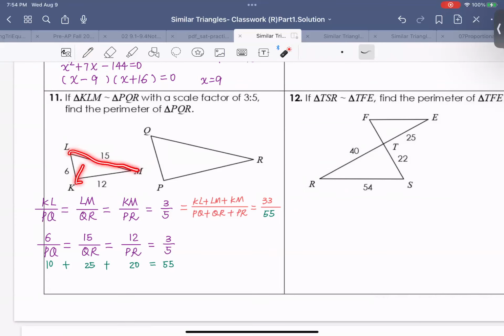So the base times height is going to be this guy over this guy is 3 over 5, and this guy over this guy is 3 over 5. So your area ratio is going to be 3 over 5 in parentheses squared, which is 9 over 25. Does that make sense? That makes sense? Yeah. This is what's going on.